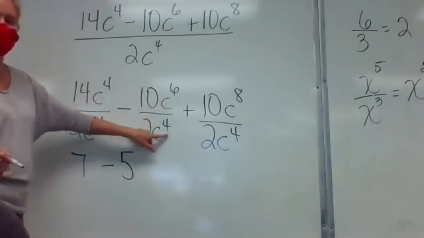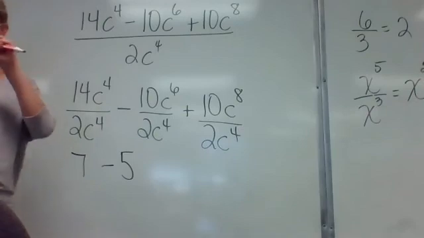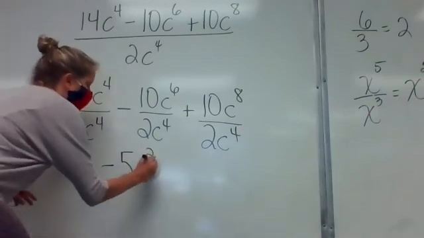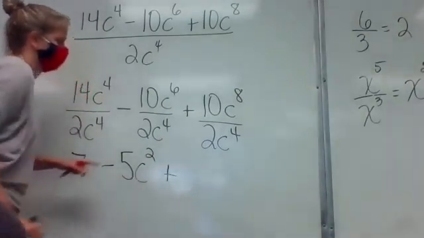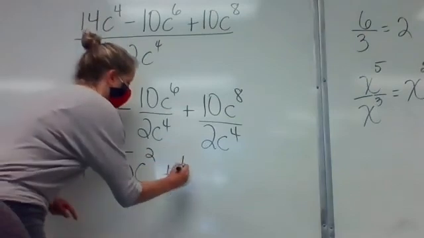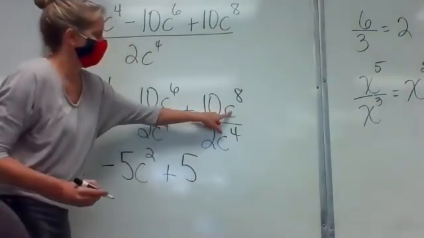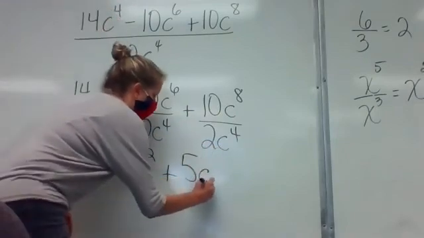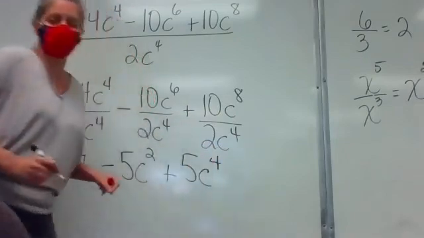C to the 6th divided by c to the 4th gives you c to the what? 2. Because you subtract those exponents. Plus 10 divided by 2 gives you 5. C to the 8th over c to the 4th, which is c to the 4th. Good.